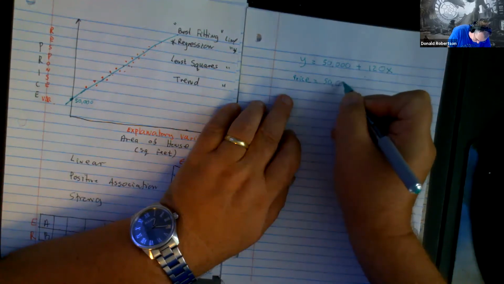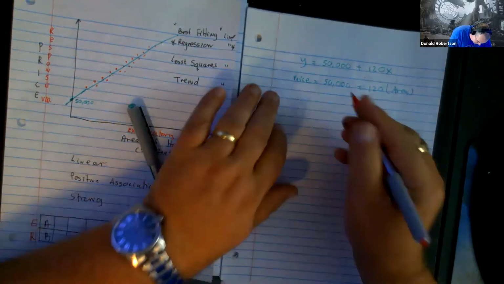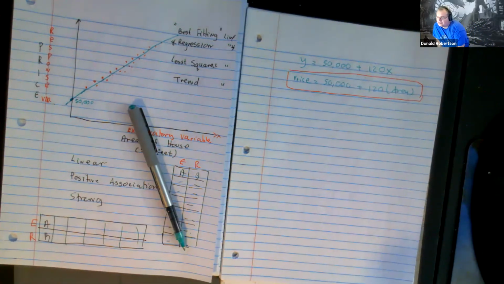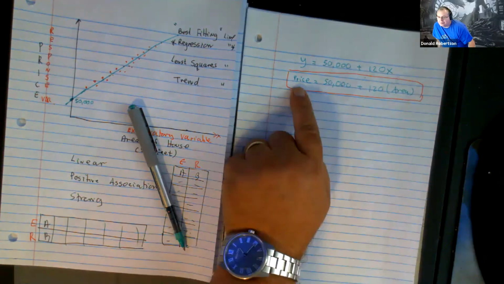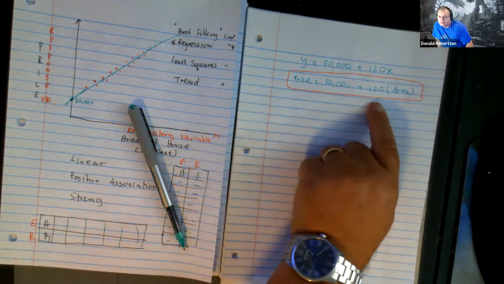And the x is really the area of the house. Would you agree that that is actually an easier formula to get your head around? Because now you've got an idea of what everything is about, right? The predicted price of a house is 50,000 plus 120 area.